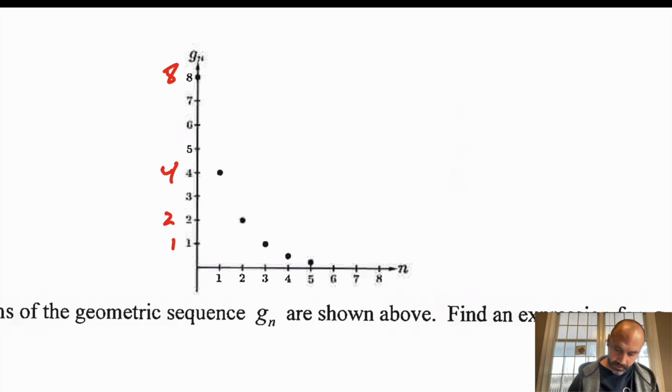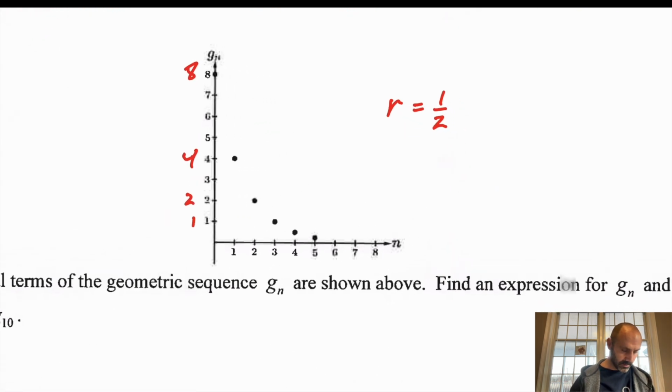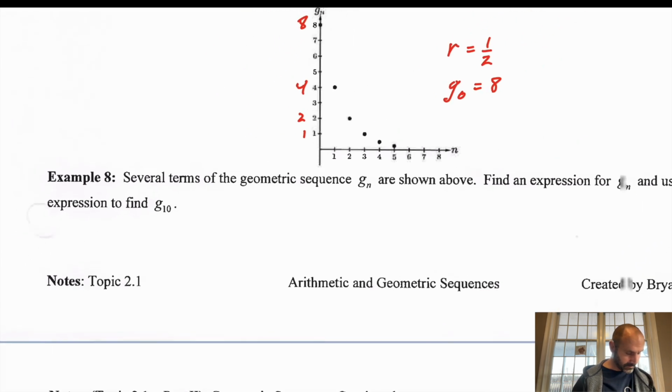R is 1/2. And the initial term, G0, is 8. So we can write our expression as G of n equals 8 times 1/2 to the n power.